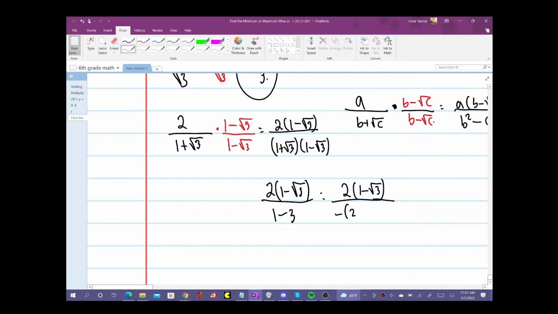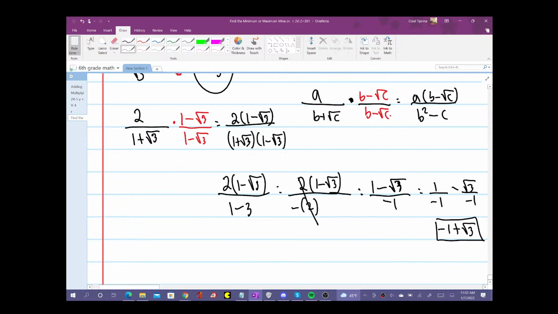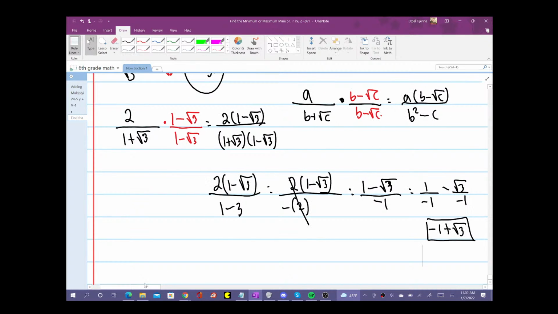This becomes 1 minus the square root of 3 over negative 1, which is 1 over negative 1 minus the square root of 3 over negative 1, which is negative 1 plus the square root of 3. So that's really what it is.